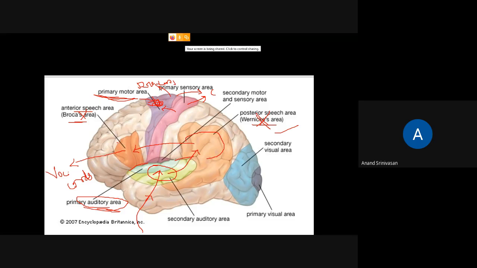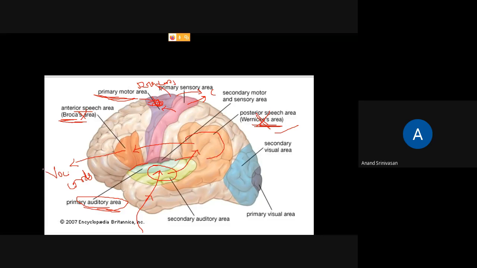He knows the answer, he understands the question, but he is unable to respond, because of Broca's area damage. So if Wernicke's area is damaged, the person cannot understand. If the Broca's area is damaged, the person cannot speak.